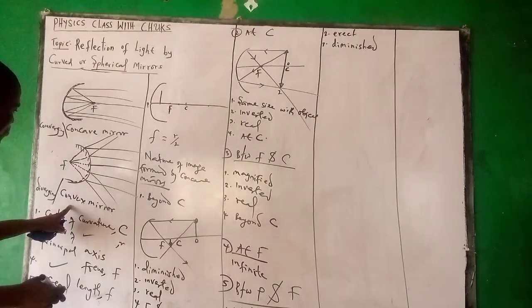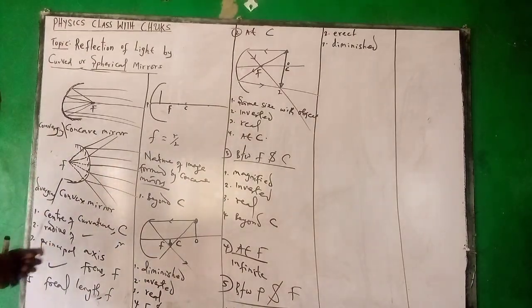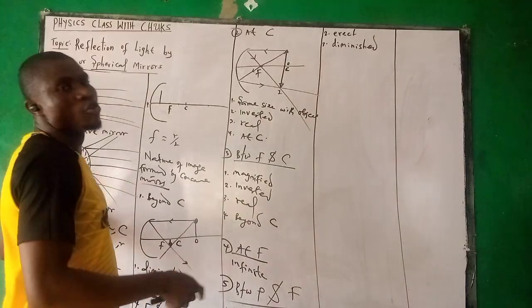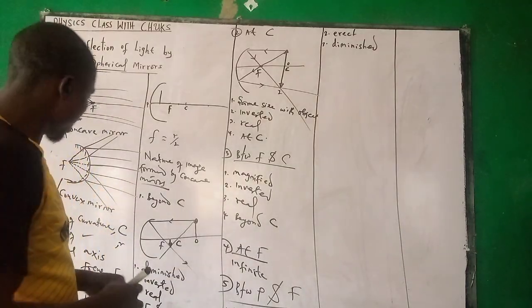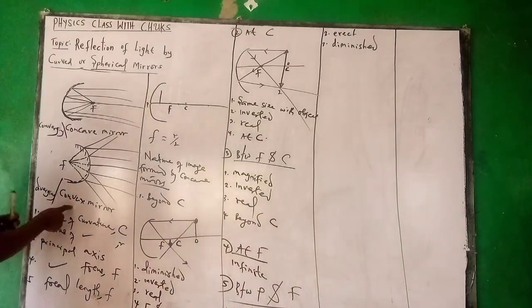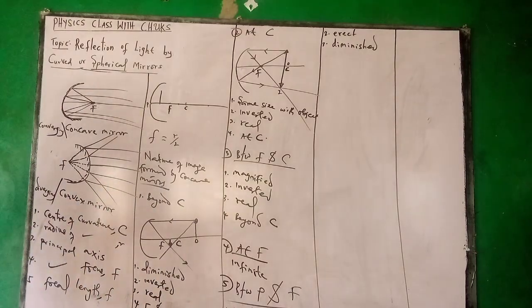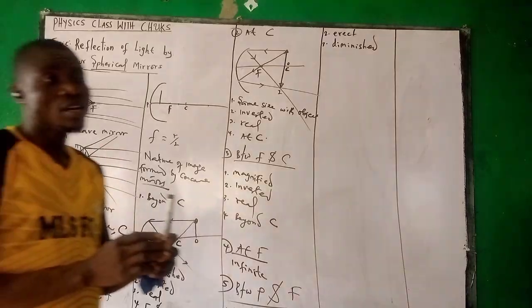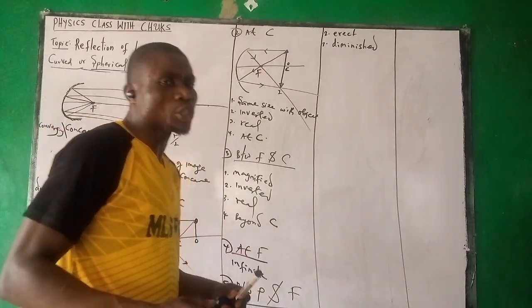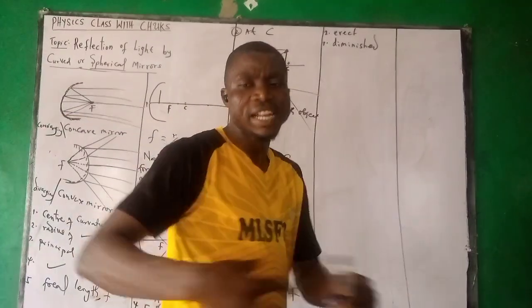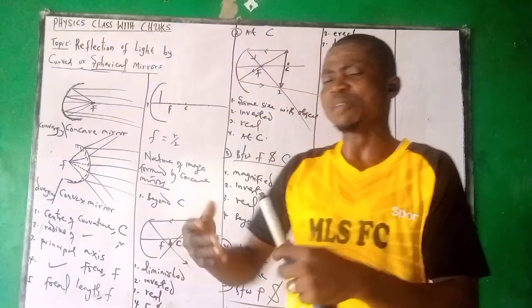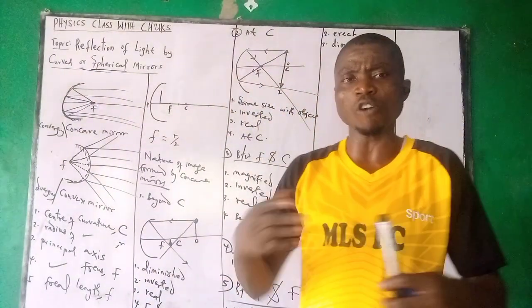At this point, I'll tell you the advantages this convex mirror has over the concave mirror, and that's why it is used as a side mirror in cars. Because it produces the image inside the mirror, the image produced is erect. The uprightness of the image enables a driver to interpret nearby objects, because if the image is inverted, it will be much more difficult for a driver to interpret.